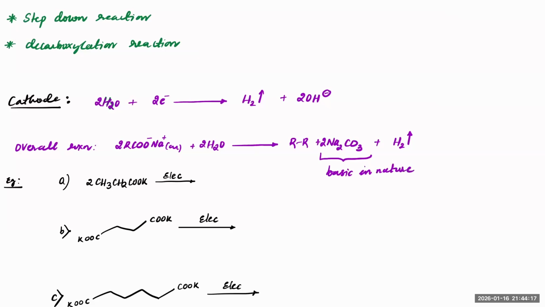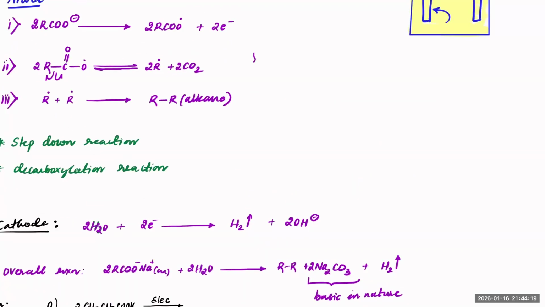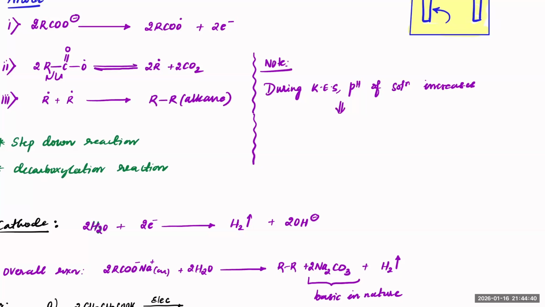Since it is basic in nature, what should happen to the pH of the solution, everybody? So an important note to understand here is that during electrolysis, or during Kolbe electrolysis, the pH of the solution increases and the solution becomes more basic.